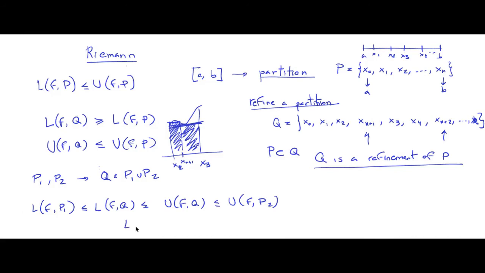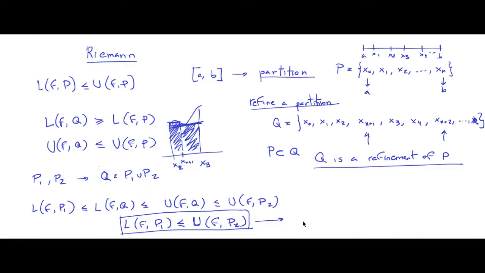So we're going to have that the lower sum is always going to be smaller than the upper sum irrespective of the partition, right? It doesn't matter how you partition this interval, the lower sum is always going to be smaller than the upper sum.